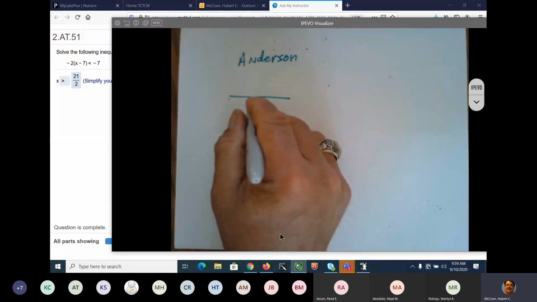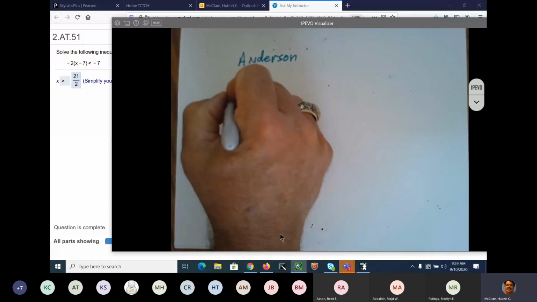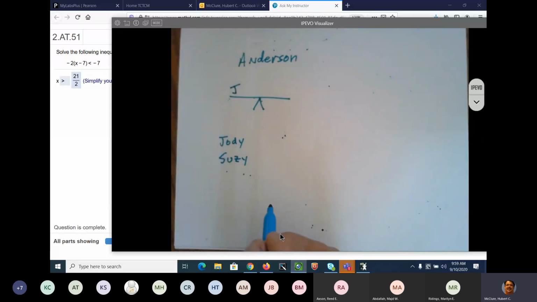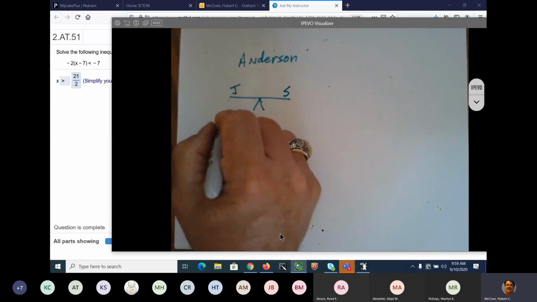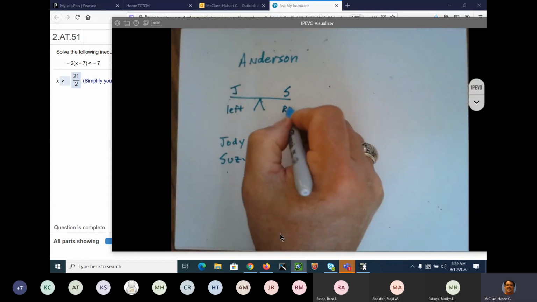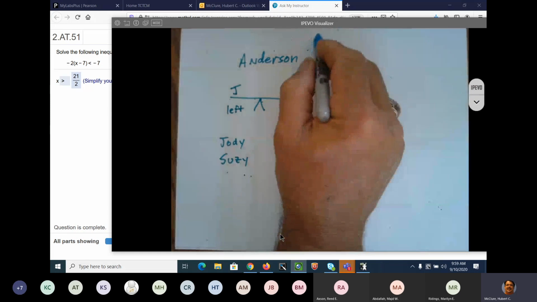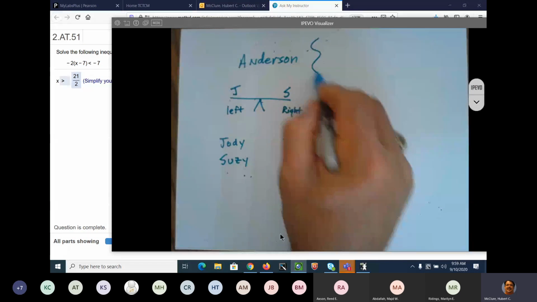You're sitting here looking at the seesaw, and Jody gets on one side of the seesaw, and Susie gets on the other. Okay, Jody gets on the left side, and Susie gets on the right. Then you go over to your sister's house, who lives in Star.